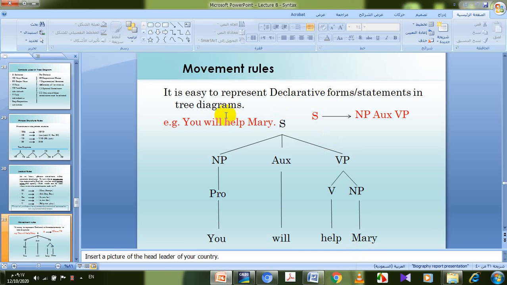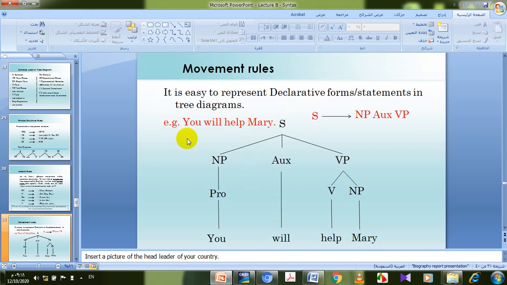So this is the representation through a tree diagram. Sentence rewrites as noun phrase, auxiliary, and verb phrase, help Mary.